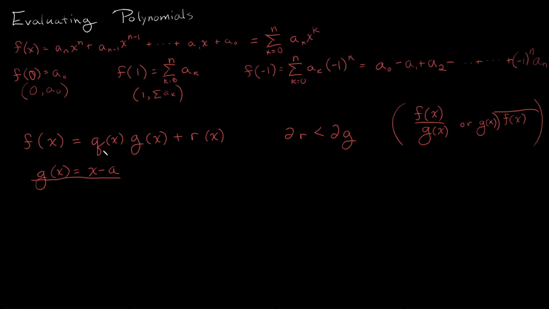That is a really useful pick of this g, because then it says f of x is equal to q of x times x minus a plus some remainder of x, where the degree of the remainder is less than the degree of x minus a, but the degree of x minus a is 1, which means the degree of the remainder is 0.